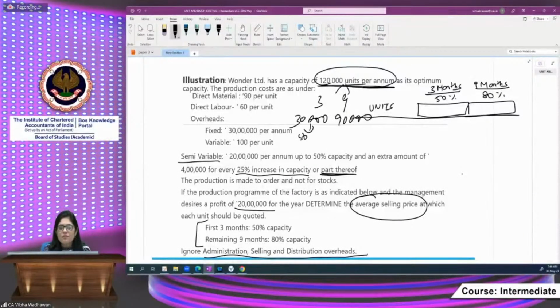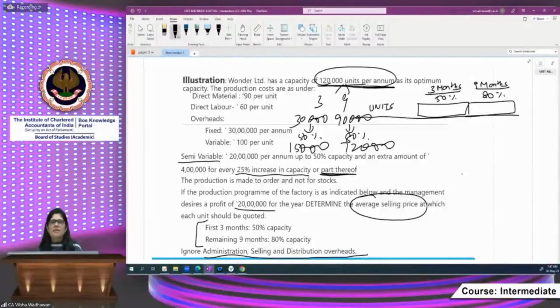Then do 50% and then do 80%. Clear? So it has to be 15,000 and 72,000 and not 60,000 and 96,000. Those who have done 15,000 and 72,000, that's a very, very good answer you have calculated.